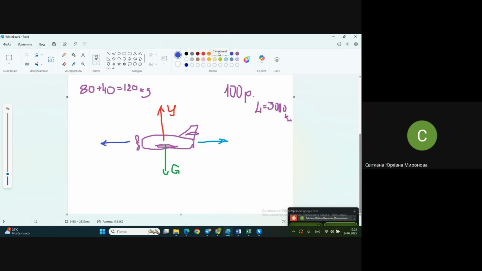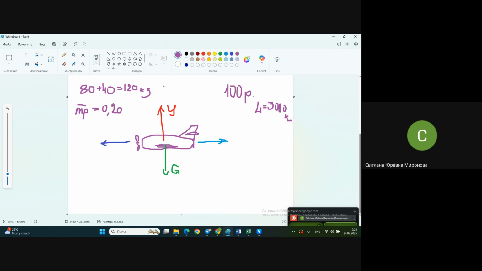I know from statistical data, for instance, that the relative weight of payload, passengers together with luggage, for this class of airplane is around 0.20, 20%.